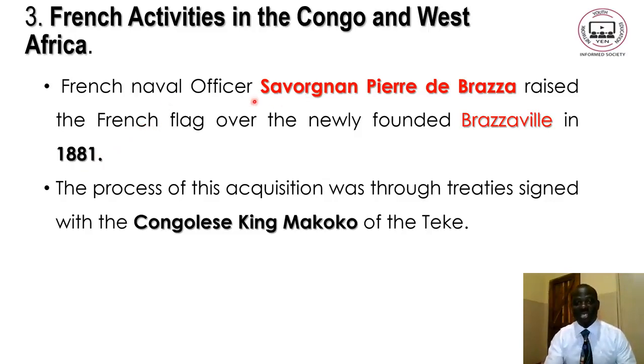It all started with this gentleman, a French representative. They dominated that area in 1881 and raised the French flag there to say this area is controlled by the French. The acquisition was through treaties signed with the Congolese king Makoko of the Teke, who allowed the French to be in charge of his area.